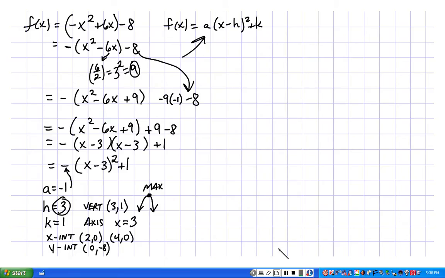So let's graph. Let's say we're here. And we'll make the other line here.